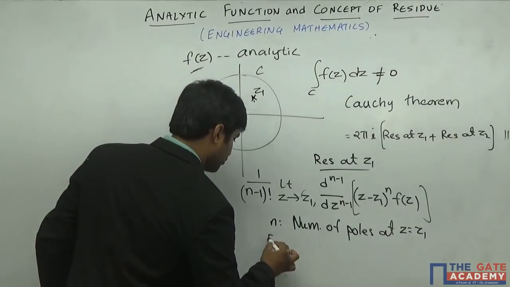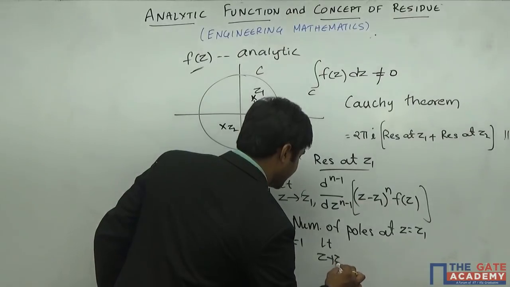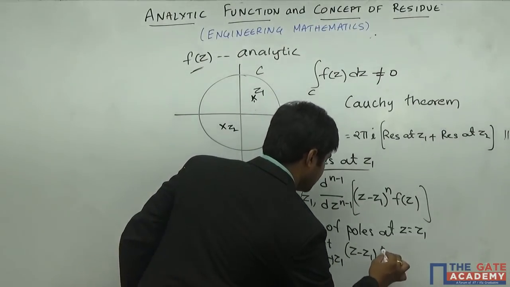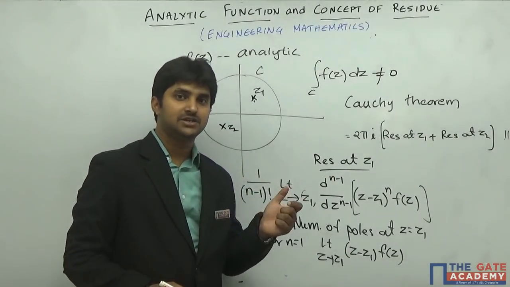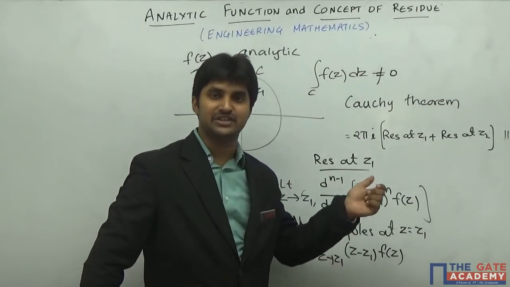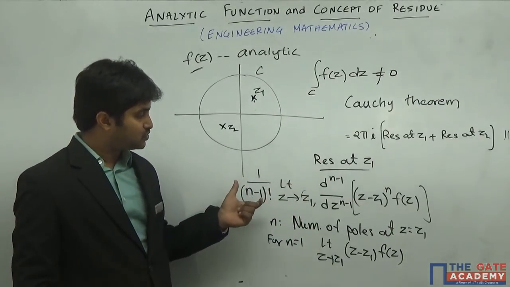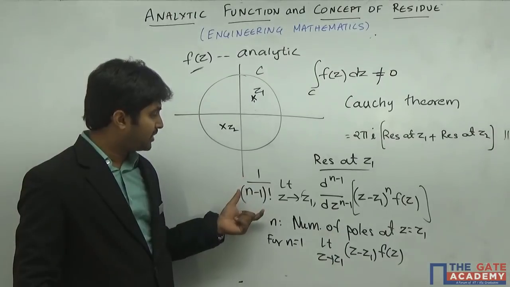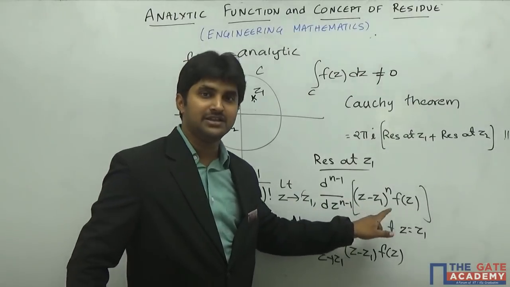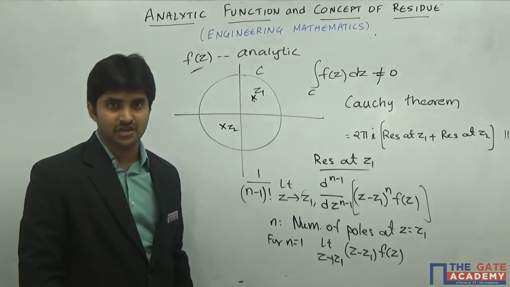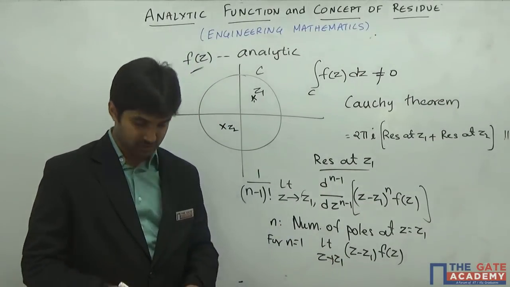When n is equal to 1, it is simply limit z tends to z1, (z minus z1) into f of z.